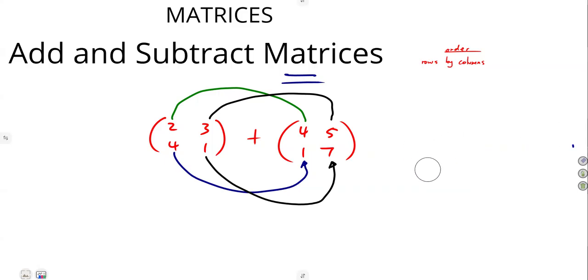So that is the concept for addition and subtraction. All right, let me just give you a statement that you can use here.